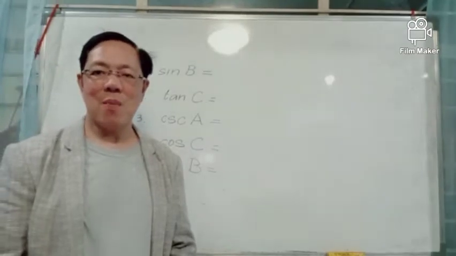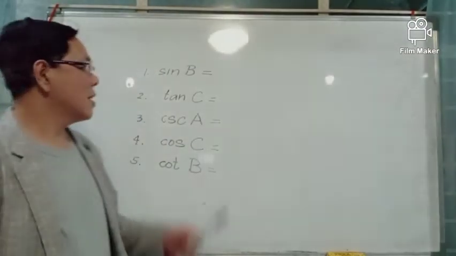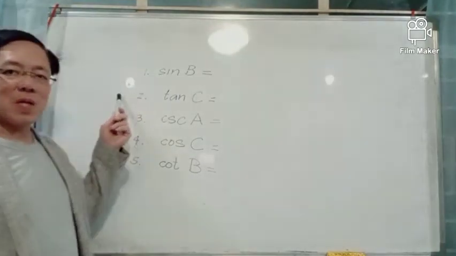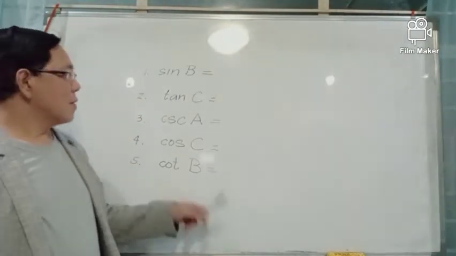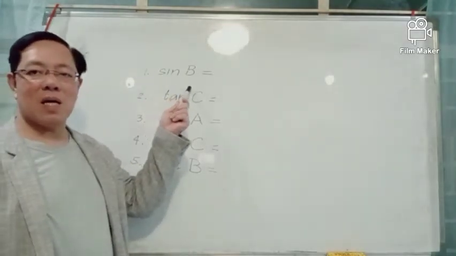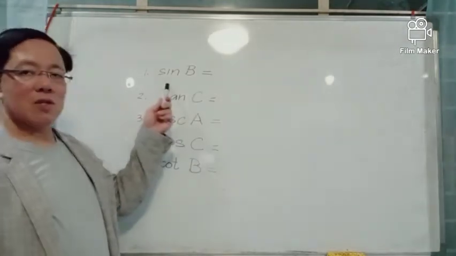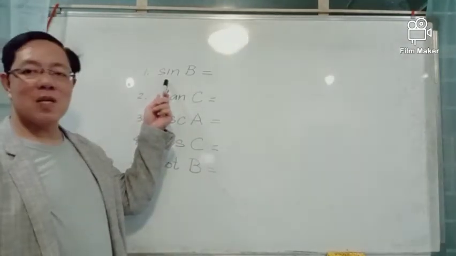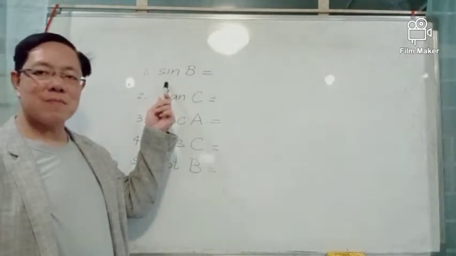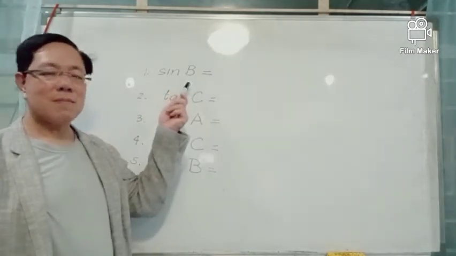We take more examples for applying the complement angle theorem. In each of the following, we write each trigonometric function of an angle as the cofunction of the complement of the given angle.